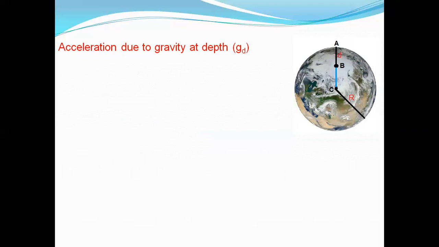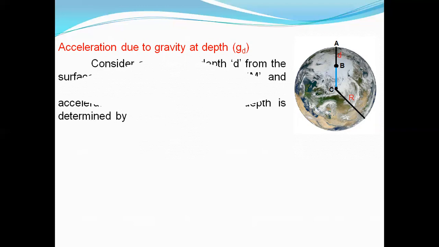Acceleration due to gravity at depth, as it is depth, so d is written as the symbol. Let's see the figure. Here A, B, C are the three points. A is at the surface, B is a point which is at the depth of d, and C is the center of the Earth. R is the radius of the Earth. If we calculate its value, the formula will be like this.